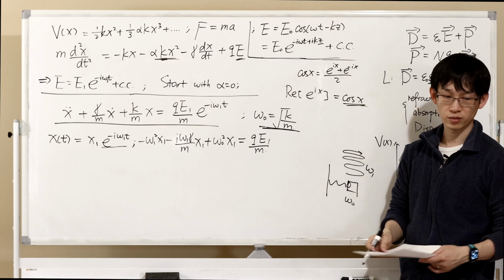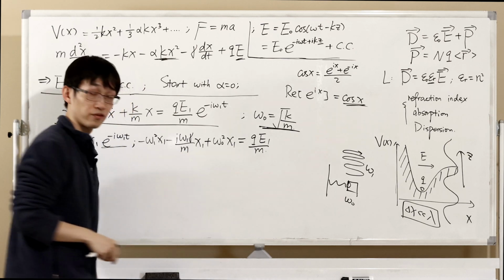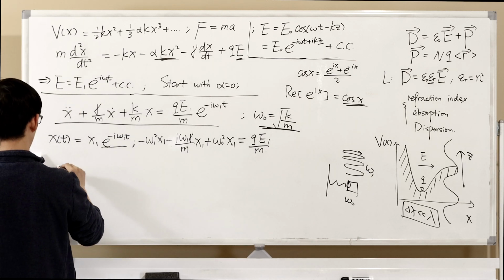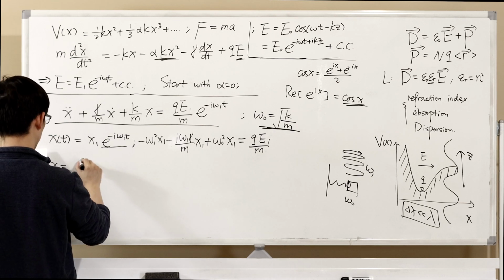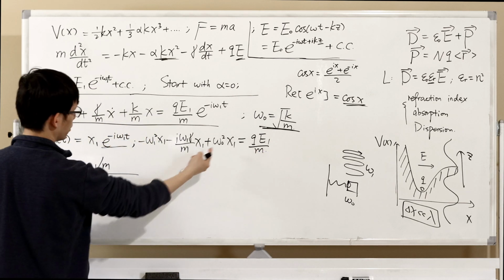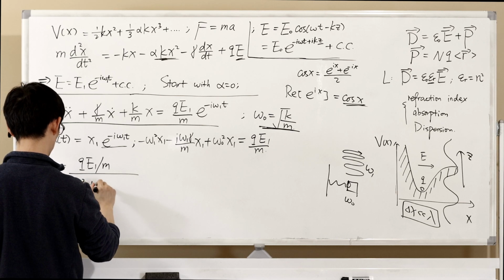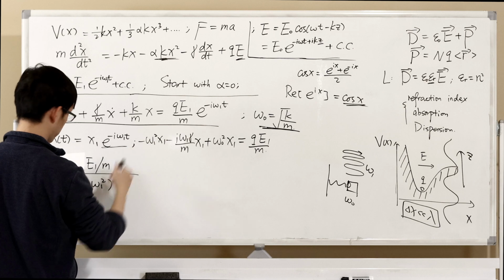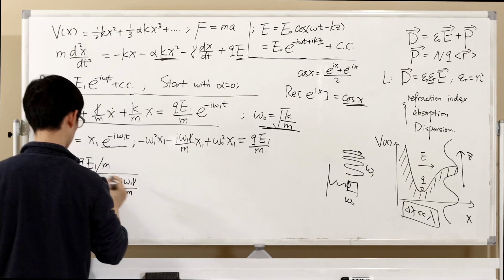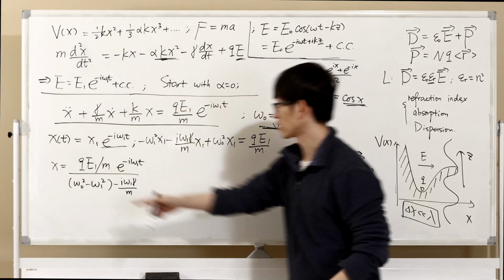Now this becomes a very simple equation that you can solve. There's a bunch of coefficients in front of x1; you just move them to the right and get your x1. So the answer is x equals q E1 divided by m, divided by omega naught squared minus omega 1 squared minus i omega 1 gamma divided by m, times e to the minus i omega 1 t.